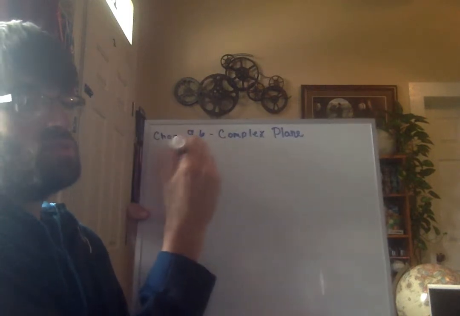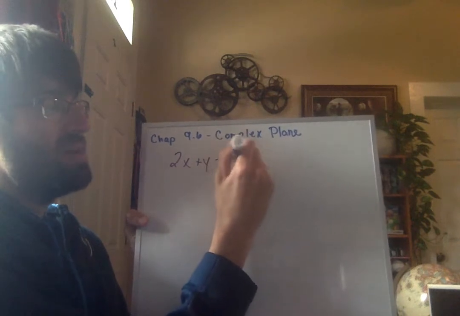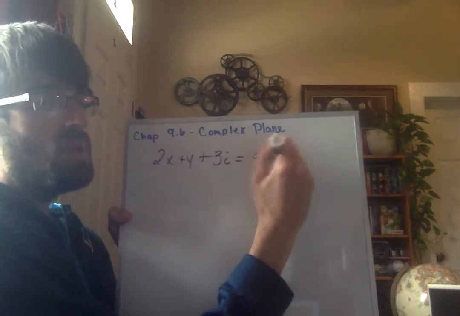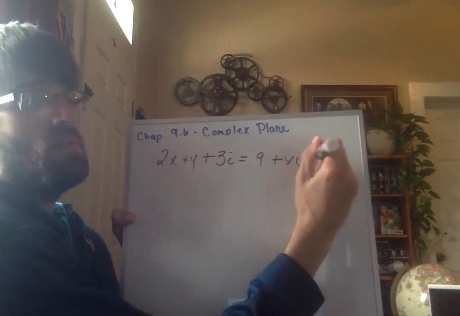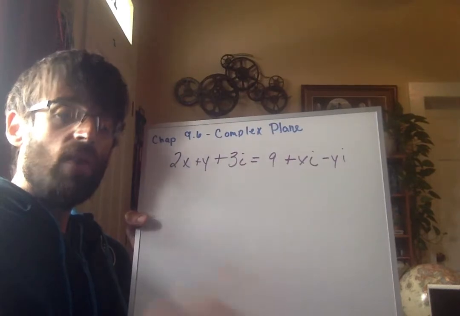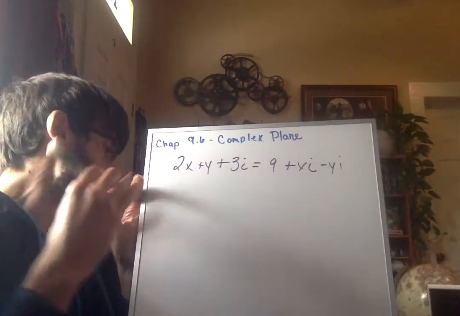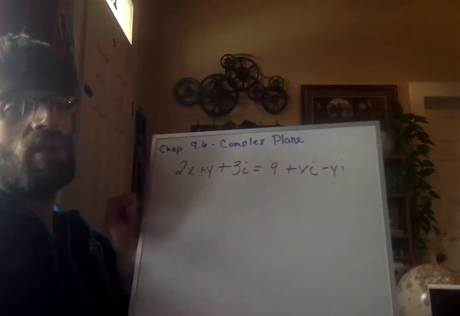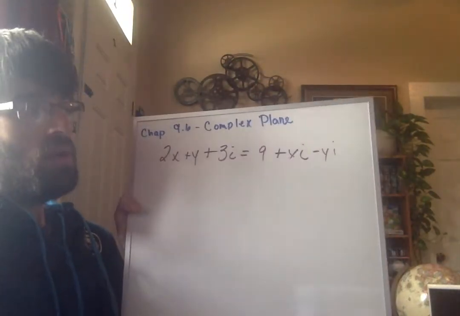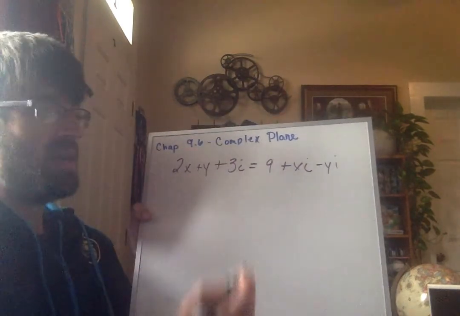Now, I have 2x plus y plus 3i equals 9 plus xi minus yi. Now, the most important part of equality is if I know I have two complex numbers that are equal to each other, I know that the real parts are equal and I know the imaginary parts are equal.